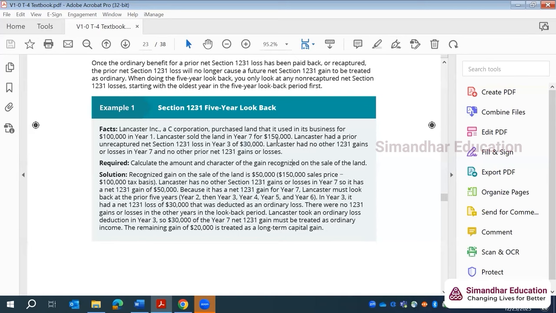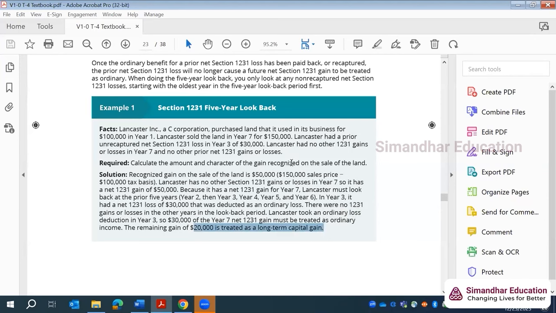In year 3, I have taken $30,000 of loss, so $30,000 will be treated as ordinary, and the remaining $20,000 will be treated as long-term capital gain.